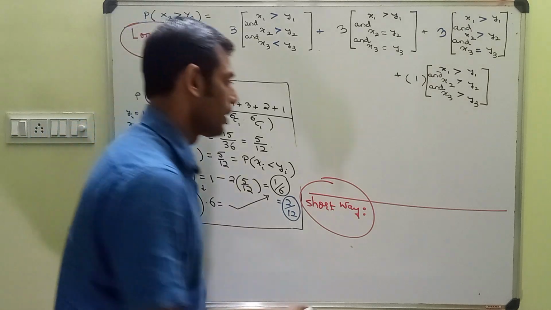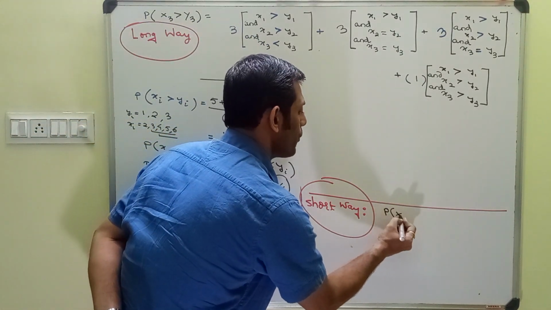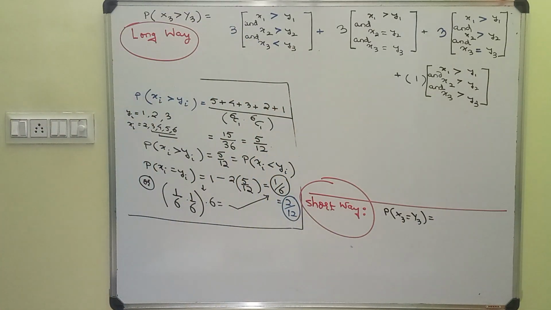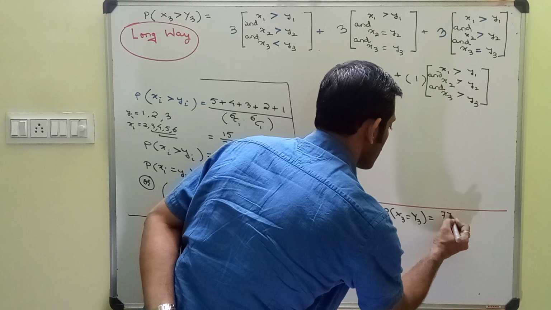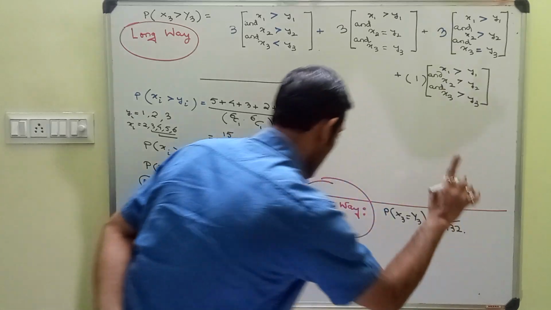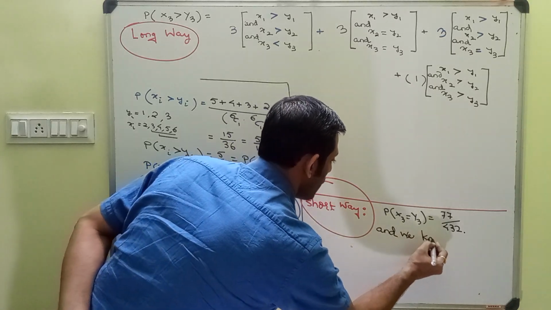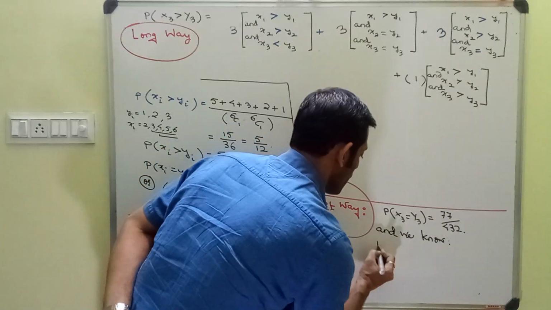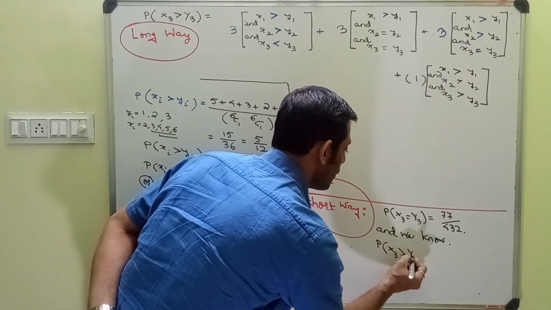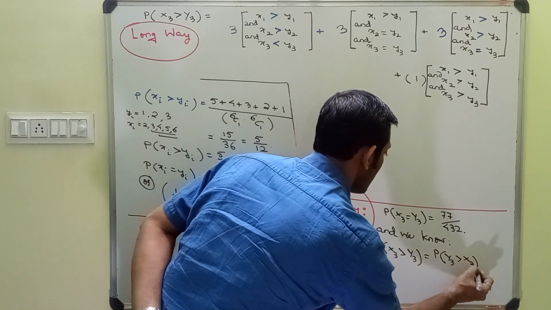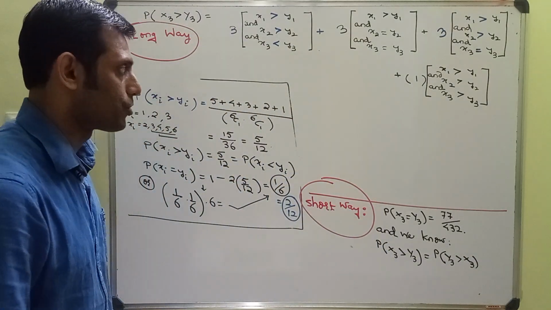See, probability of x3 equal to y3 was available to us in the previous question, and it was valued at 77 by 432. And we know that probability of x3 greater than y3 is equal to probability of y3 greater than x3, and that is equal to how much?